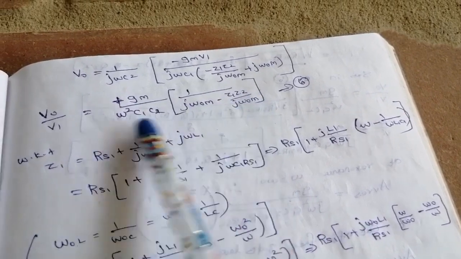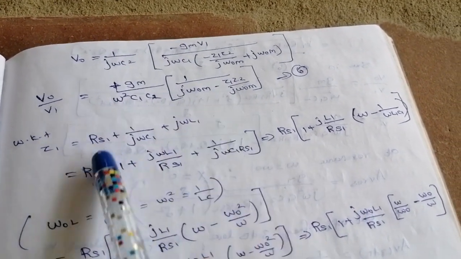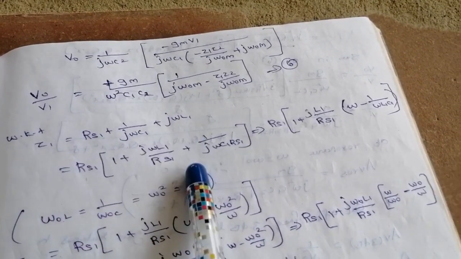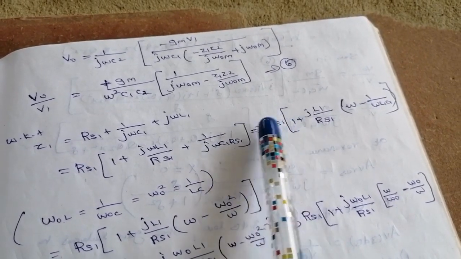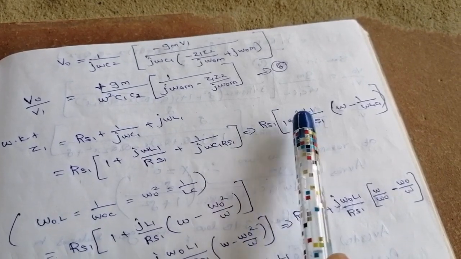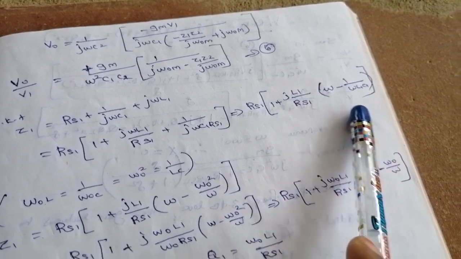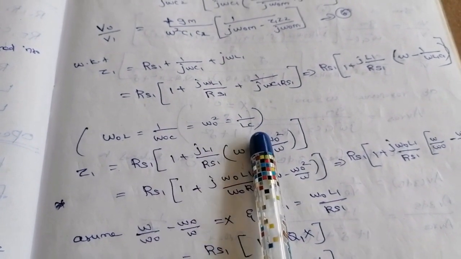We know that Z1 is RS1 plus 1 by j omega C1 plus j omega L1. Taking RS1 as common, we get 1 plus j omega L1 by RS1 plus 1 by j omega C1, into RS1. So the remaining term is omega minus 1 by omega L1 C1. We already know omega naught L equals 1 by omega naught C, so omega naught squared equals 1 by LC.